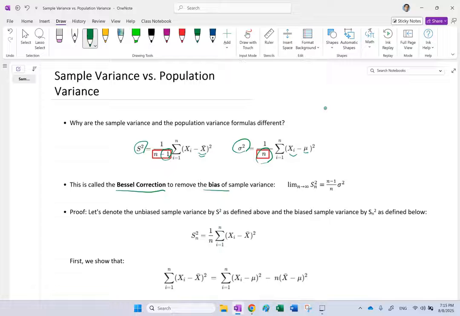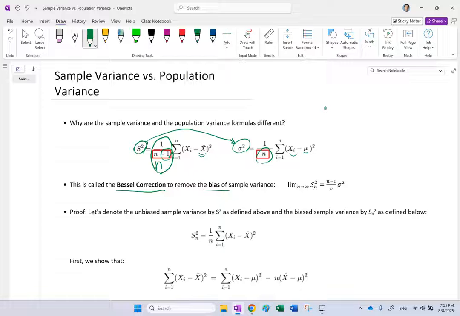What does that mean? Well, I can show you that if I don't remove that n minus 1 and just go with n, when I increase the number of data in the sample and make it closer to the population, this s squared is not going to exactly estimate sigma squared, right?